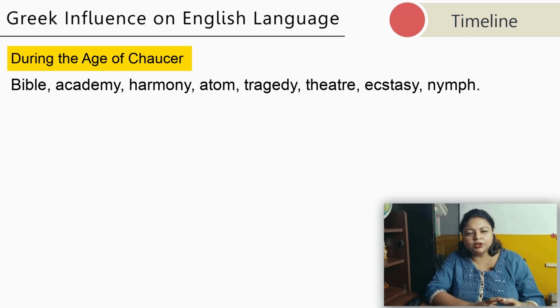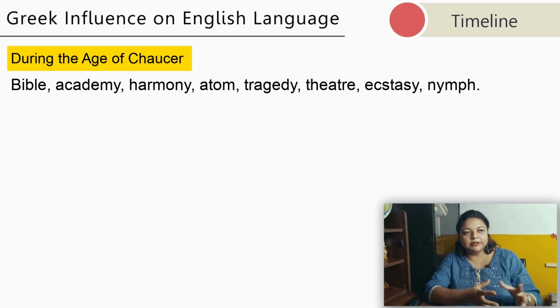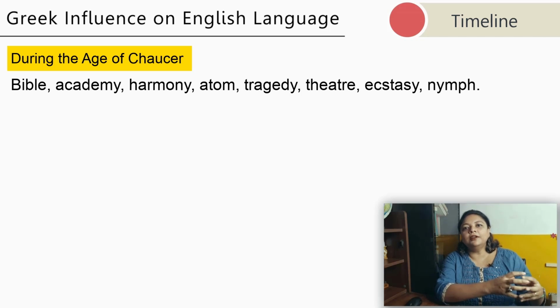But these words did not belong to any complex scientific idea or things where they had to pursue some deep study of any metaphysical idea. Yes, they belong to diverse fields of religion, of science, of entertainment and theater, but they were mostly terms associated with some kind of Greek experience.